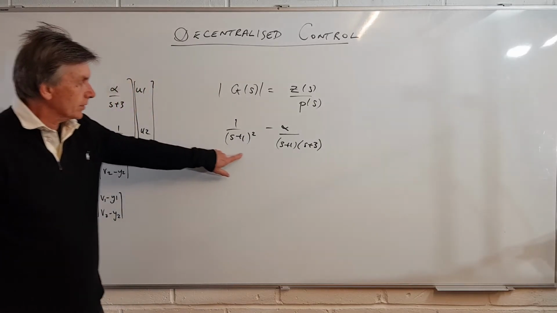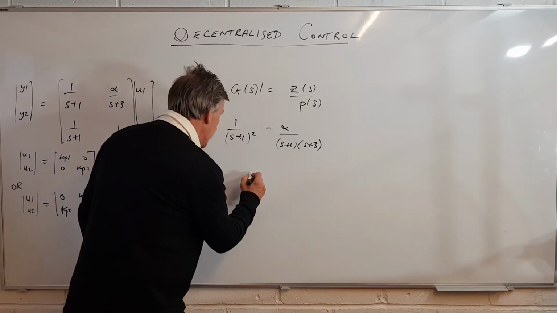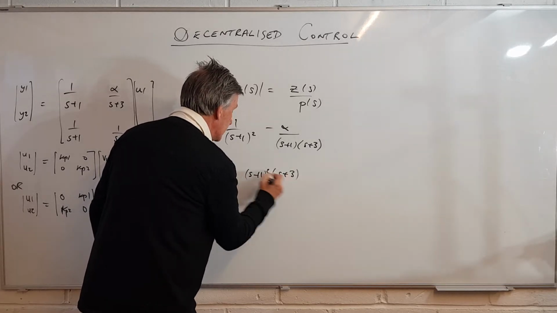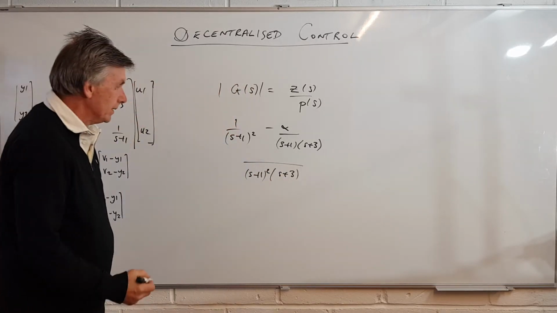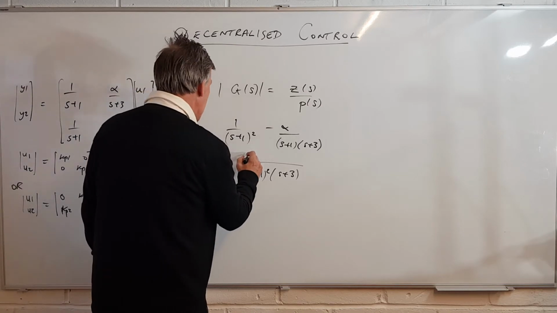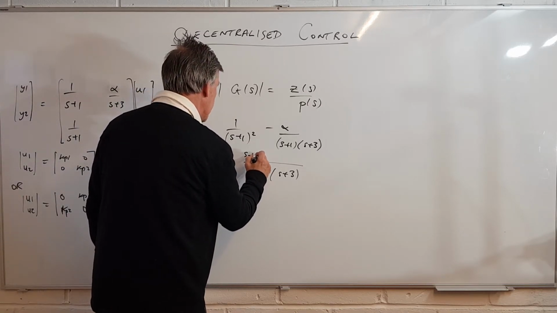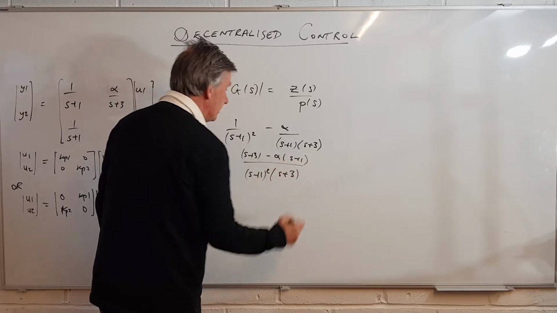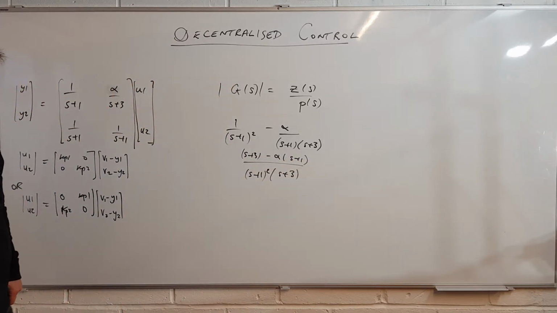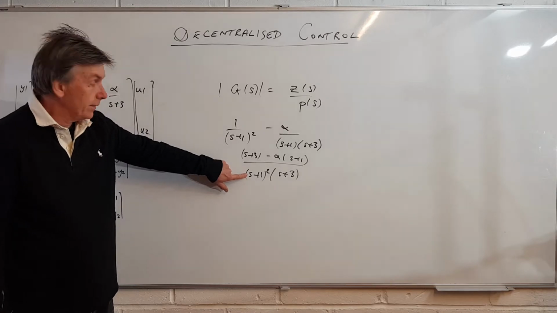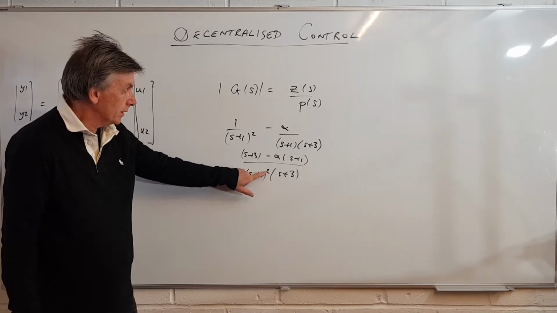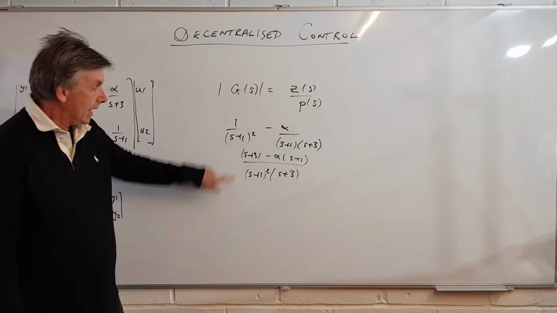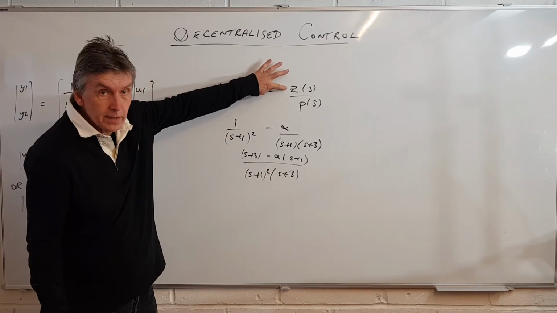Now we can bring this under a common factor, which is going to be (s+1) squared (s+3), and the top line will be s+3 minus alpha times (s+1). So this gives an expression for the multivariable poles. So there's 3 poles, 2 at minus 1, 1 at minus 3. And this gives us an expression for the zeros.